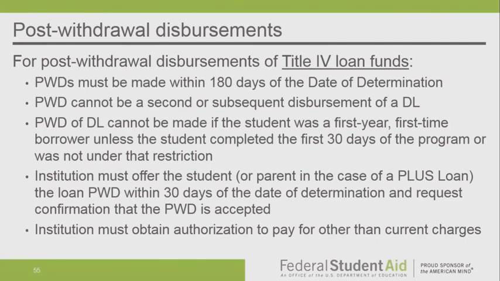And you must offer that opportunity for a post-withdrawal disbursement within 30 days of the date of determination, and you have to request that the student or the parent confirm back to you, yes, I do want that money. And if they do confirm back to you and accept that offer, then you would pay them the post-withdrawal disbursement. But you cannot do anything without the confirmation back from the parent or the student that they accept the PWD offer.